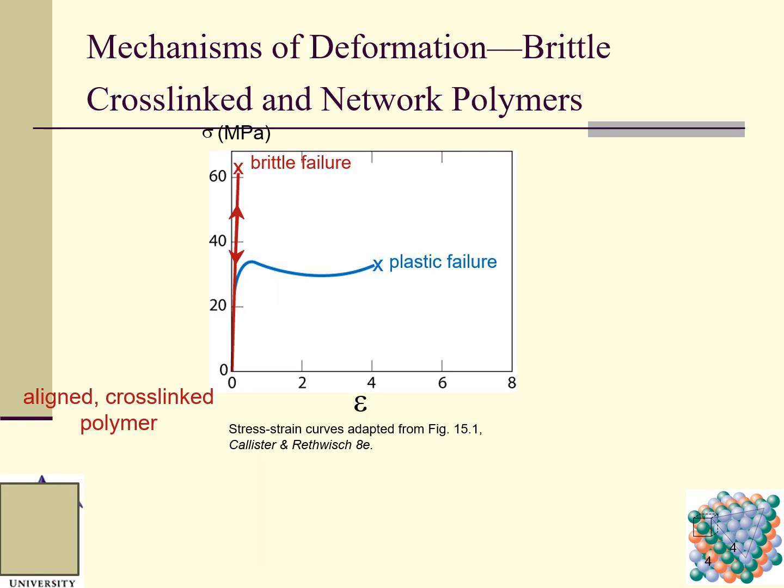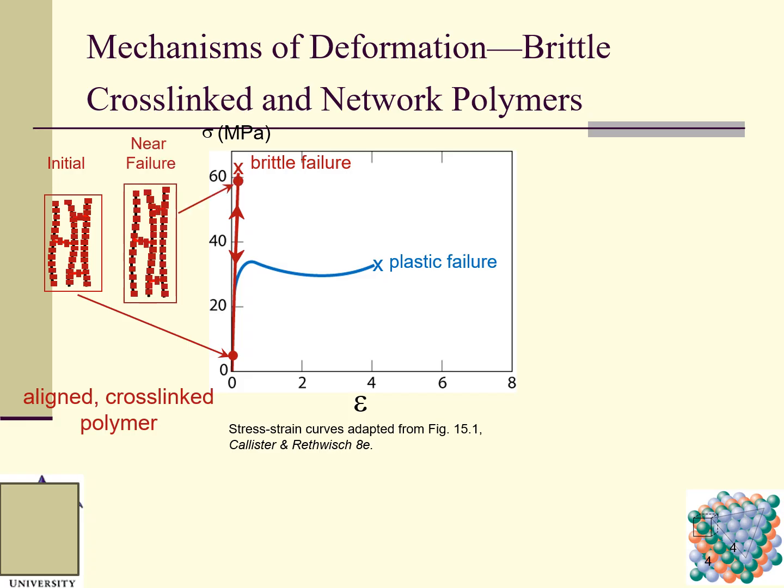Then we talk about mechanisms of deformation for brittle, cross-linked, and network polymers. This is the initial aligned cross-linked polymer. So at the very beginning, this is initial. Here is near failure. You can go here. This is a brittle failure.